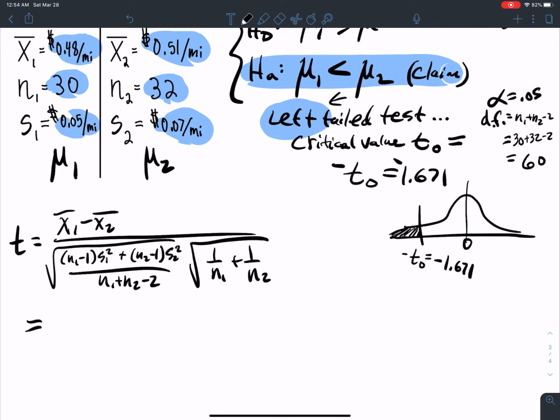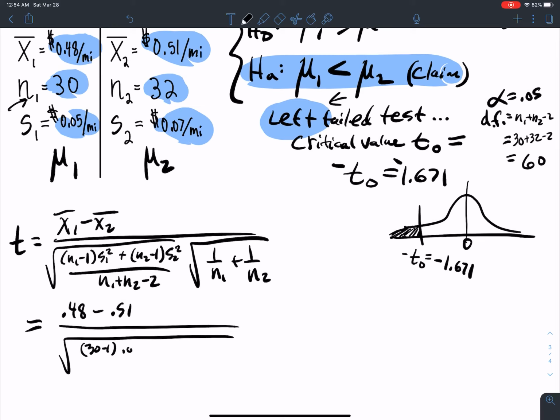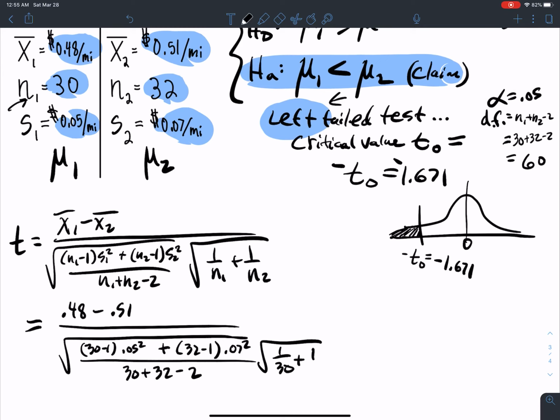When I type this in my calculator, woo-wee, this is tough. 0.48 minus 0.51 divided by the square root of 30 minus 1 times 0.05 squared, plus 32 minus 1 times 0.07 squared, over 30 plus 32 minus 2, times the square root of 1 over 30 plus 1 over 32.